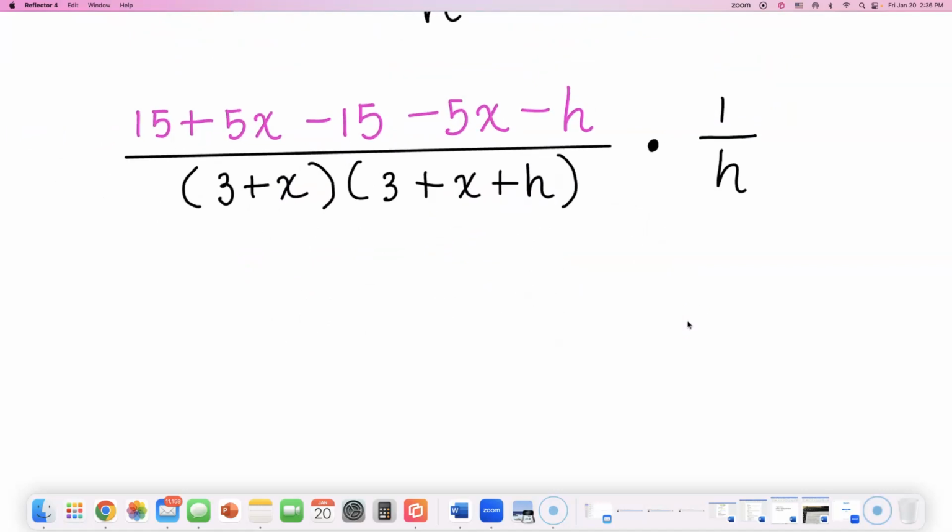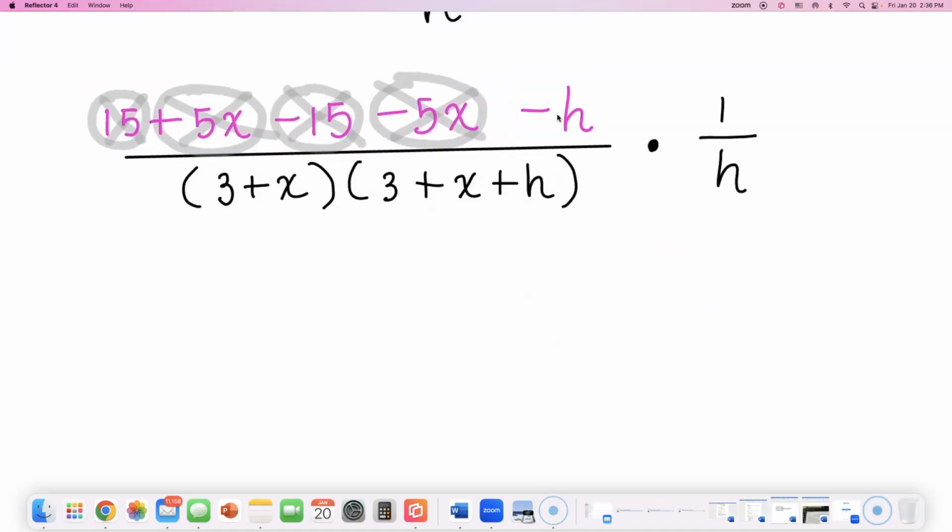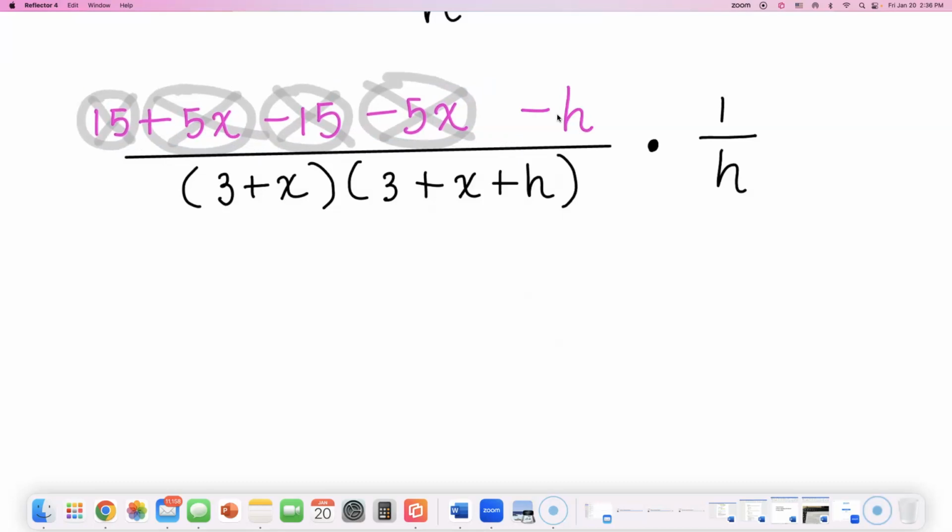Oh look, some like terms going on. There is positive 15 and there is negative 15. Goodbye. What else? There is positive 5x and there is negative 5x. Bye-bye too. So the only thing left is negative h on top. When we say negative h, the number in front of it is really negative 1, right? So what we have here is negative 1 times h.